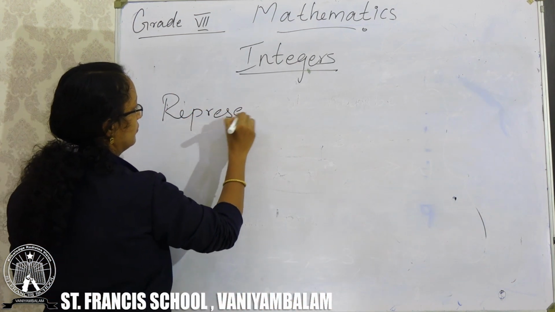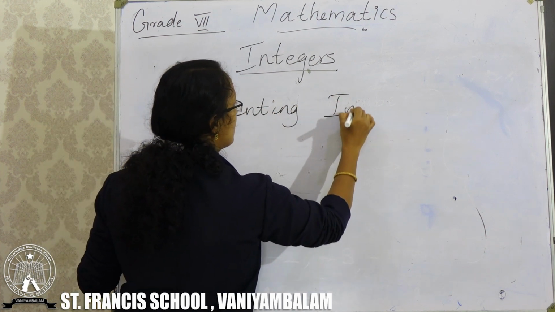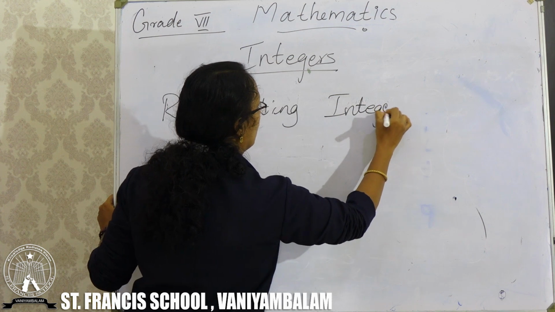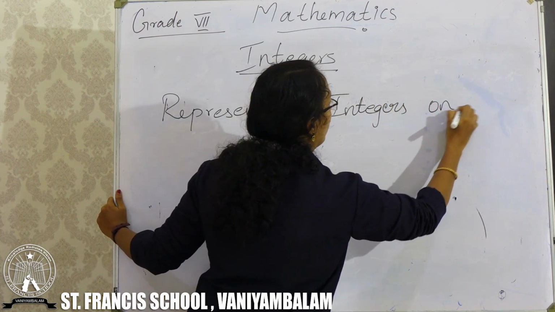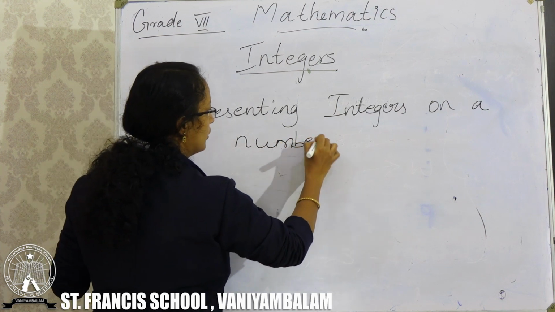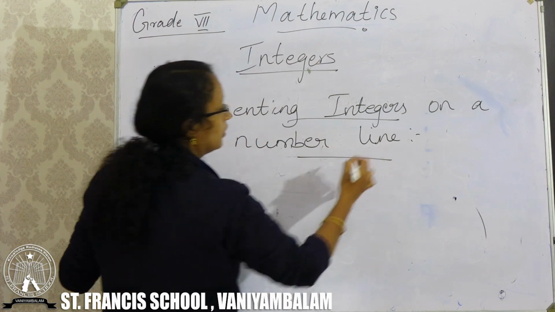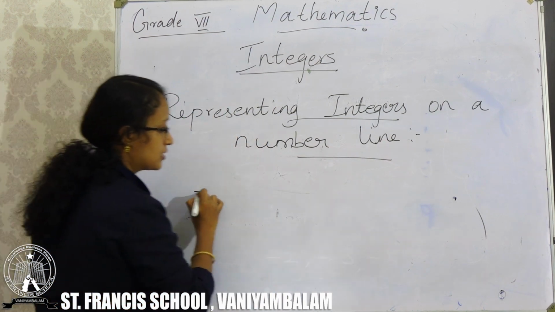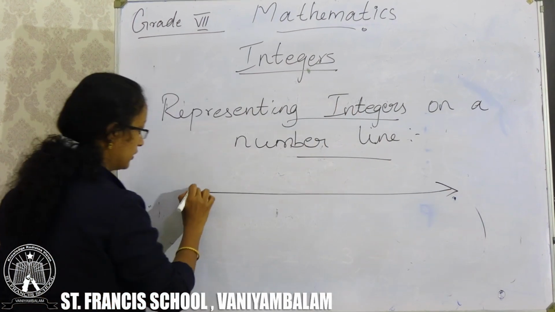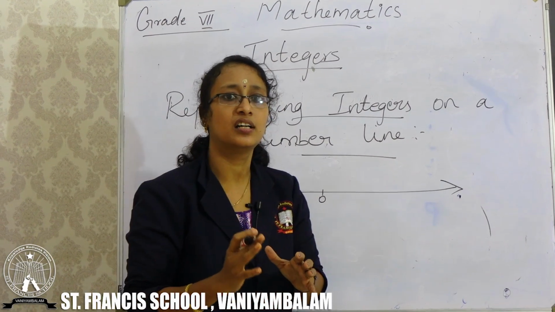Representing integers on a number line. So how will you represent? Do you remember number line, children? Yes. This is your number line. I told you what is your integer?